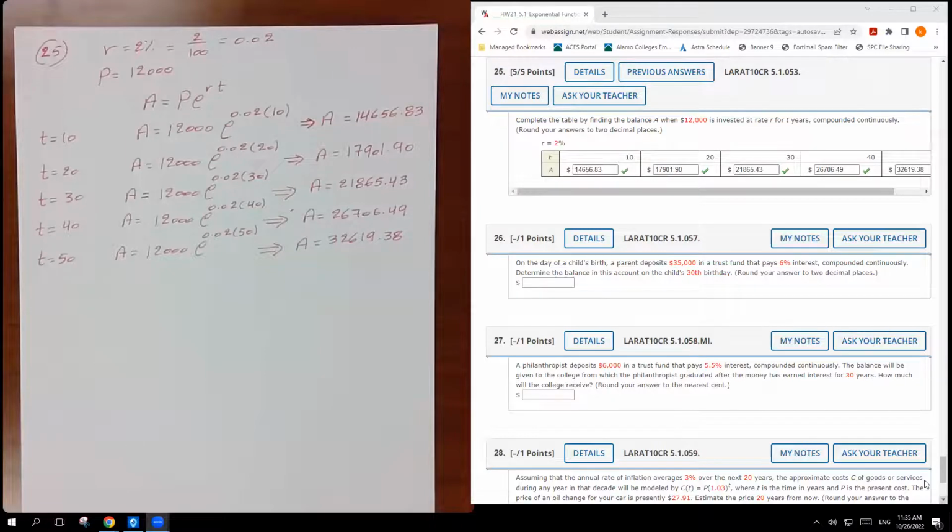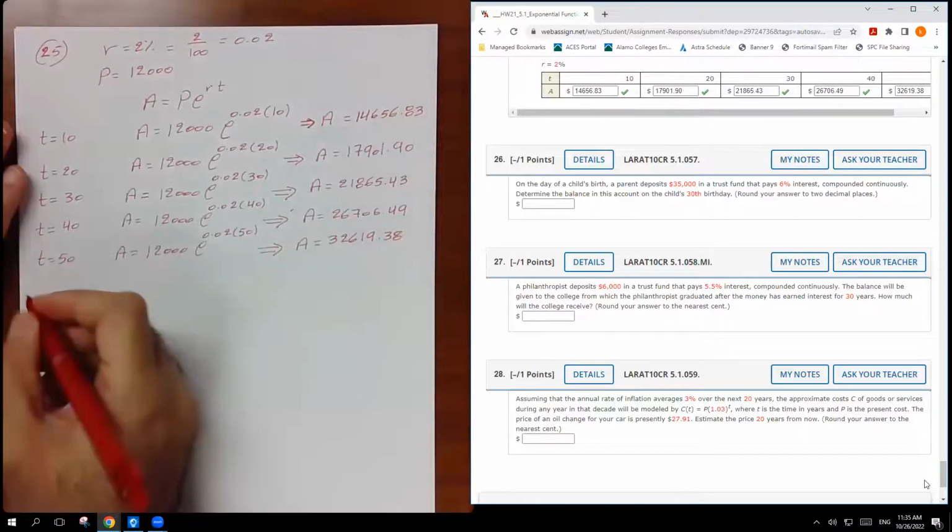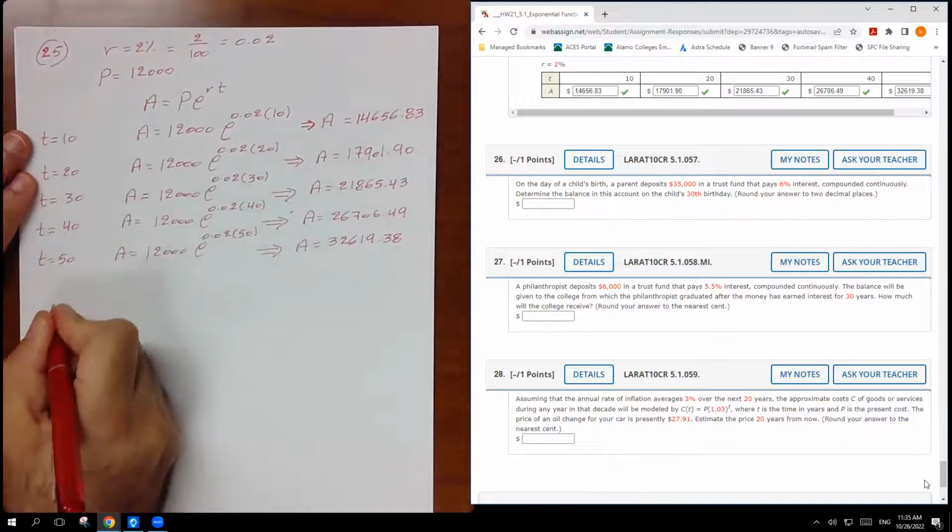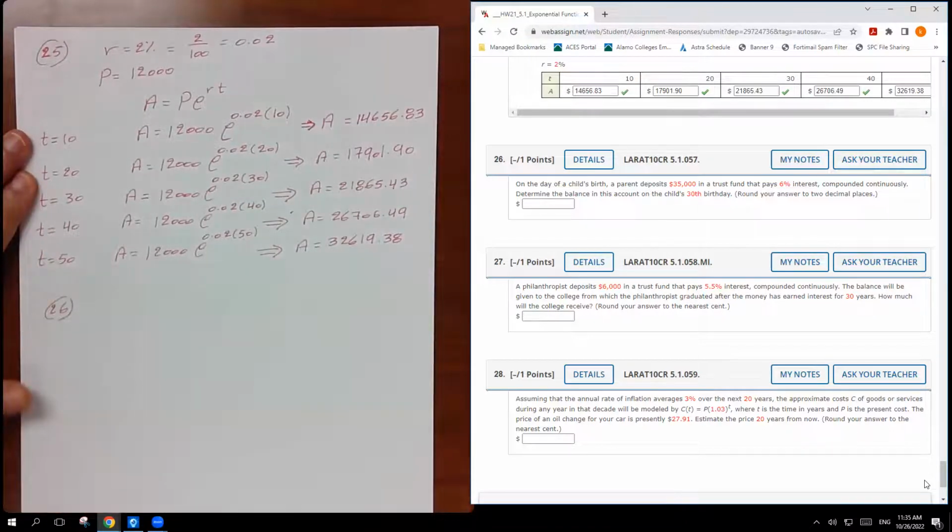Example 26. Let's check example 26. They say on the day of a child's birth, a parent deposits 35,000 in a trust fund and pays 6%.